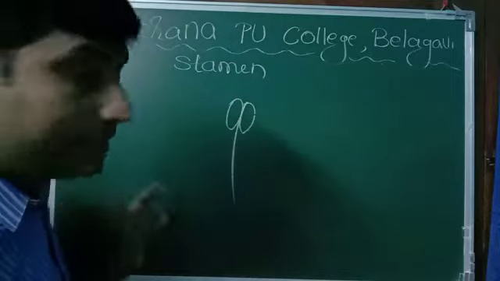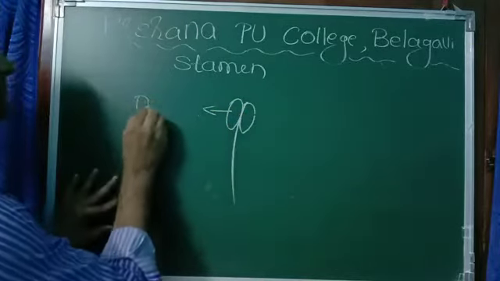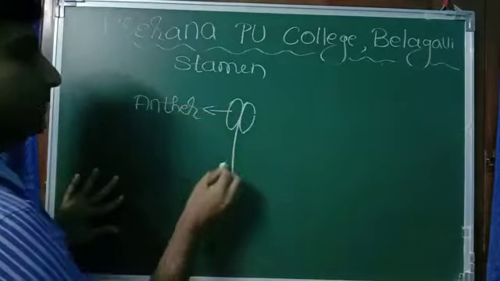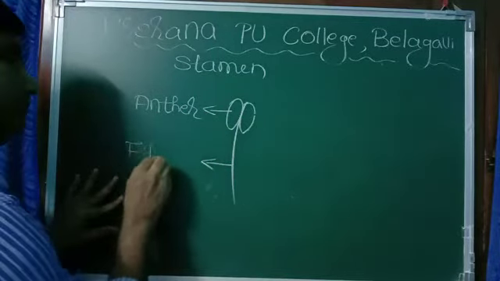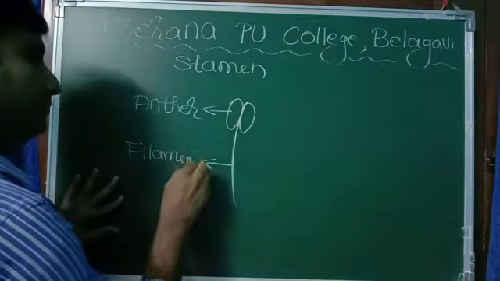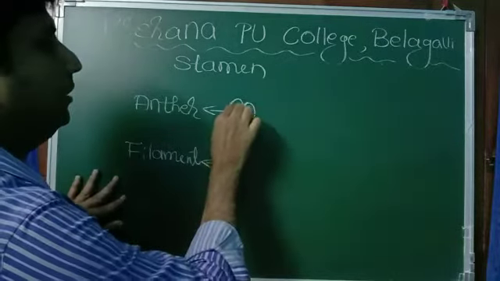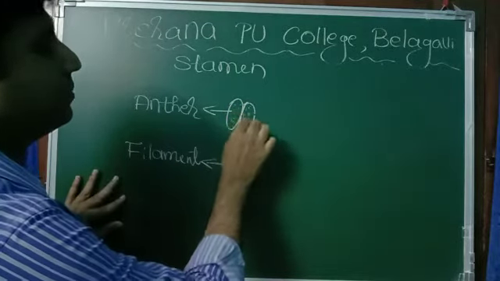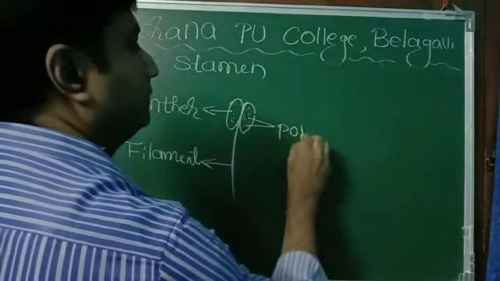Each stamen consists of the anther and the filament. The anther produces hundreds of pollen grains.